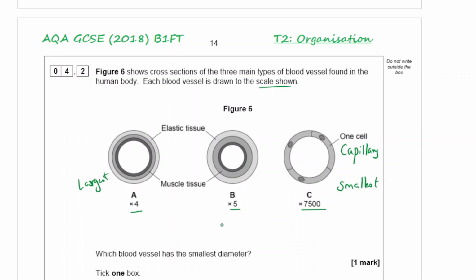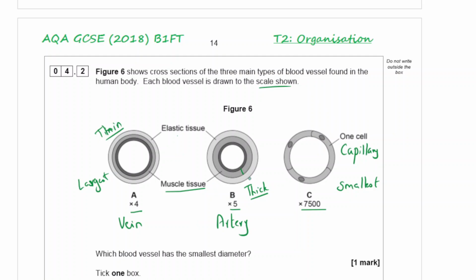So what are these two blood vessels? Blood vessel B is an artery, and this is a vein. How would I know this? Arteries have thick muscular walls and thick elastic walls. Veins have thin elastic walls, so they have thin walls, and arteries have thick walls.